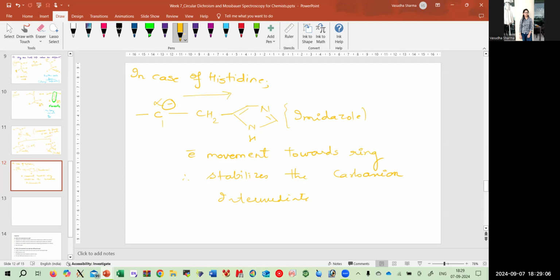The movement would be on this side because we are having a more electronegative effect over here. So when it happens, it would stabilize your carbanion.